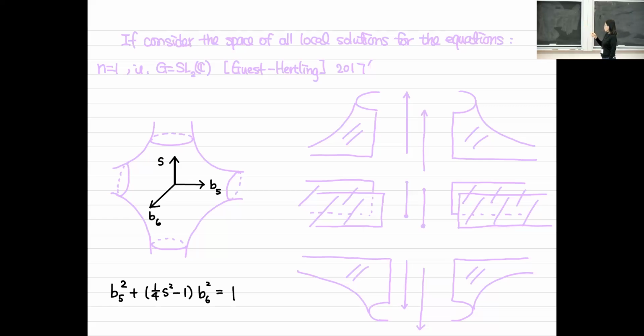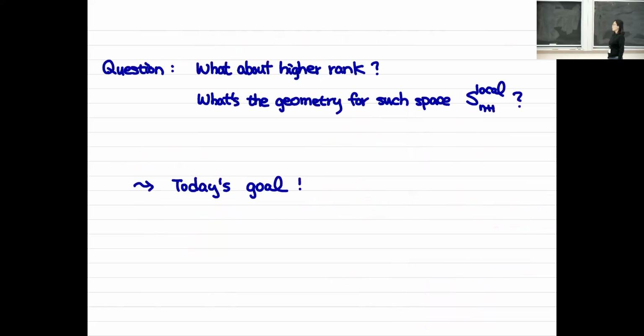So this is the lowest rank. And for us, what we would like to do is to know what happens in general. For the higher rank, what exactly is the geometry if you consider the space of all solutions? Today's goal is to tell you what kind of geometry we have found so far.